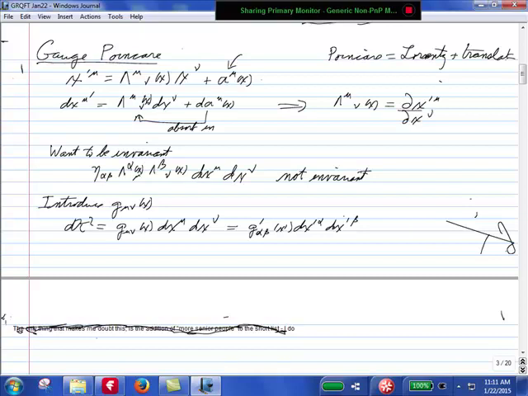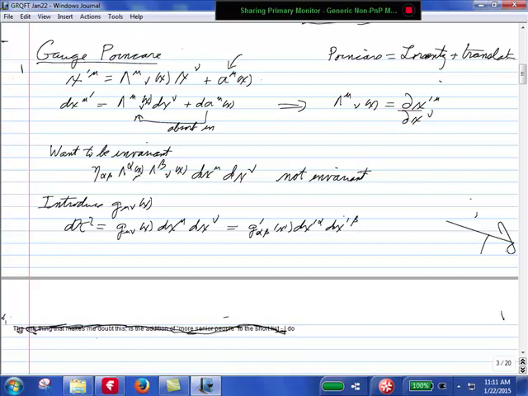So this is solved by, okay, gamma_{mu nu}^lambda sitting out there is 1/2 g^{lambda sigma}, usual derivative ∂_mu acting on g_{nu sigma} plus usual derivative ∂_nu acting on g_{mu sigma}.